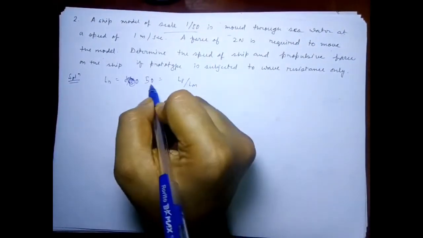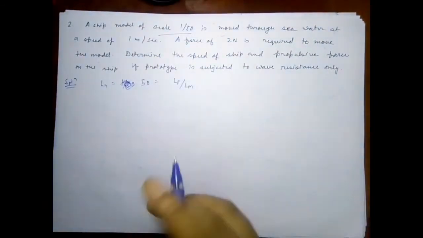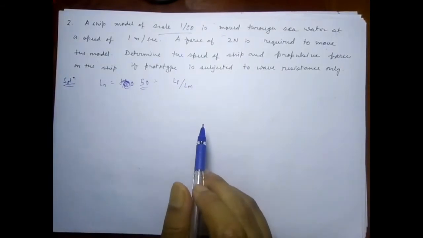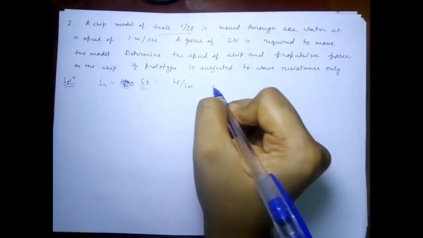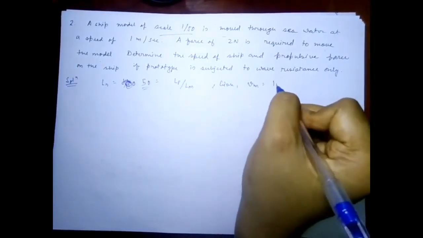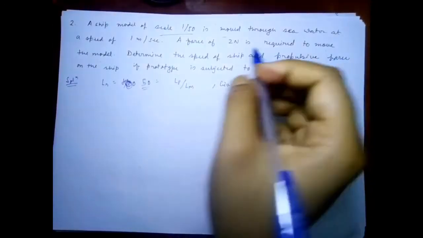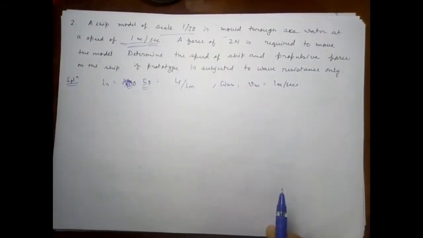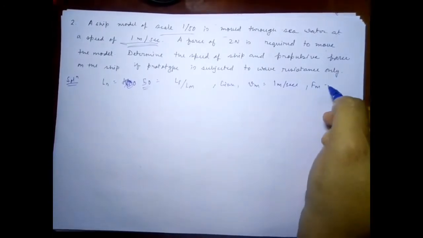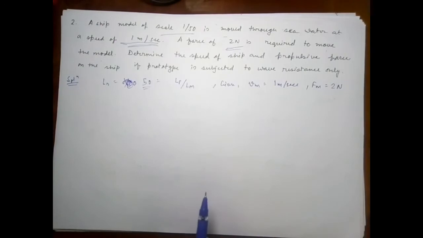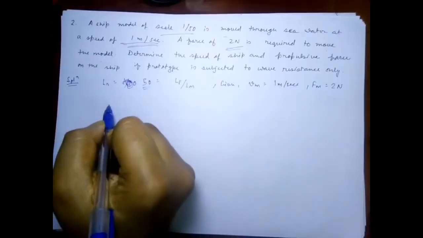It means that this prototype is 50 times larger than the model, and also given Vm is equal to 1 meter per second, that is the speed of the model, and also the force on the model is equal to 2 Newton. The force which is being applied on the model is 2 Newton.